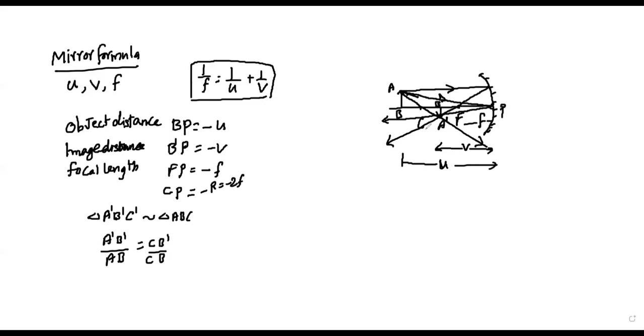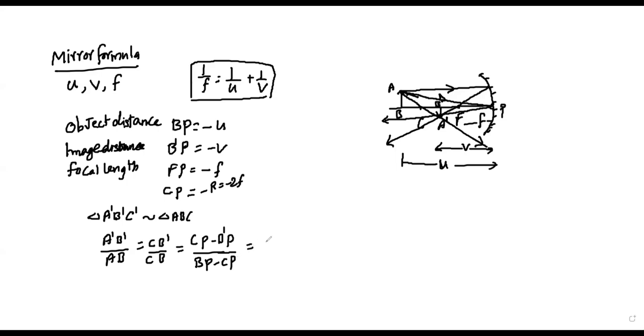So CB dash is equal to CP minus B dash P. Now, CB, from the center of curvature to the point B, we can write as BP minus CP.